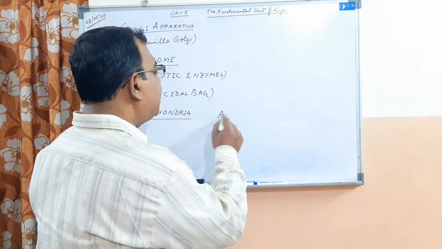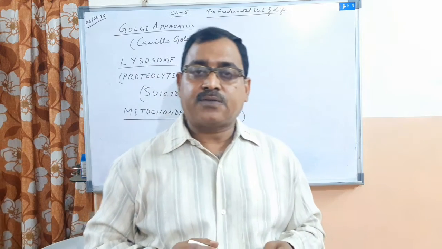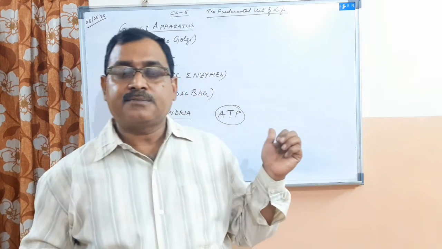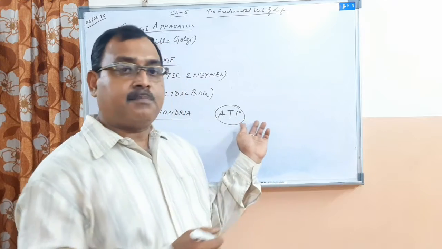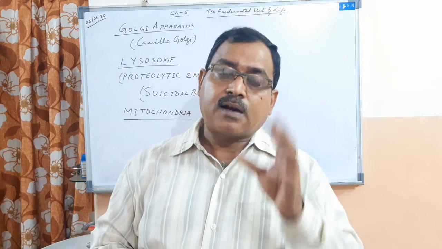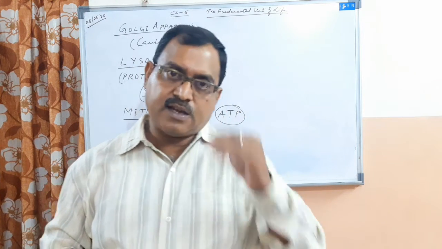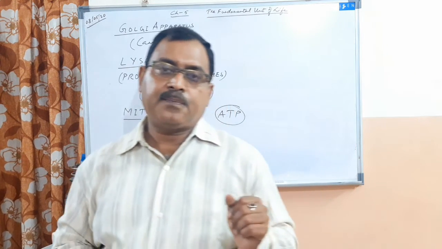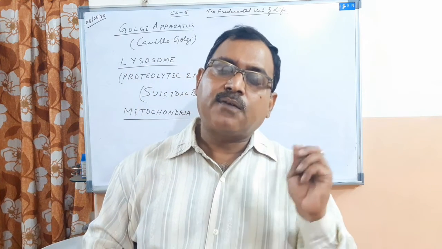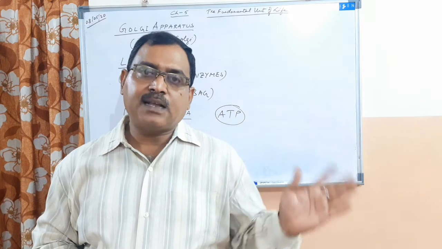I think you have already learned about this term, adenosine triphosphate. So energy is released by mitochondria in the form of ATP. So biochemical reactions occur inside the mitochondria, especially the inner membrane of mitochondria, and it helps in oxidizing the food to release energy in the form of ATP.